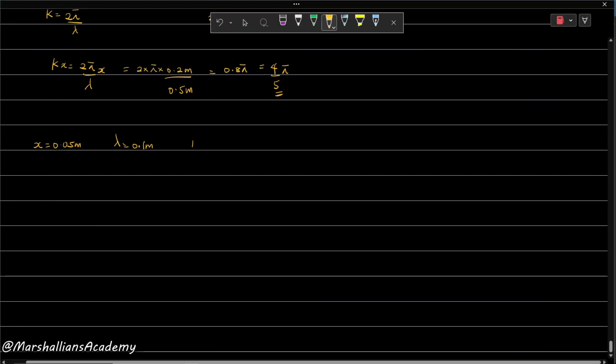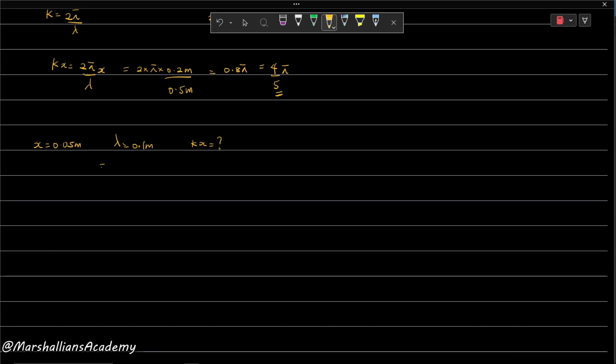Recall, phase angle is kx, right? And the same thing as saying 2 pi over lambda times x, which we have 2 times pi times 0.05 over 0.1.